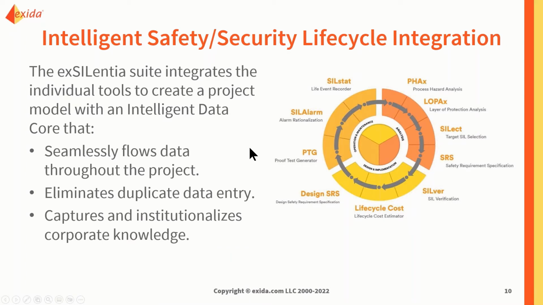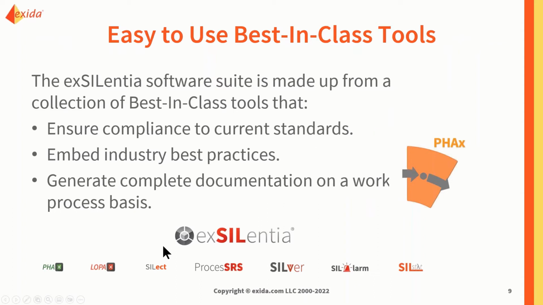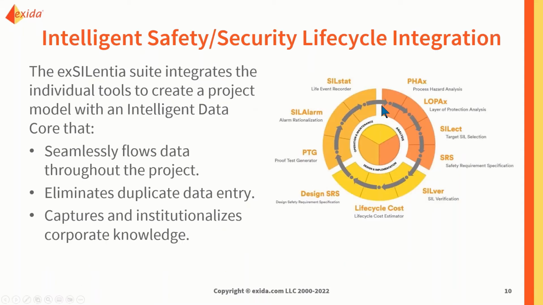What we are very proud of in this Excellentia suite is that the different modules are encompassed within one big Excellentia suite, so that all of the data can easily flow from one end to another. We have different modules for different phases or activities in the life cycle, like PHAX for process hazard analysis, the HAZOP, or Silver for the SIL verifications. So this information can flow into other parts of the software very easily.